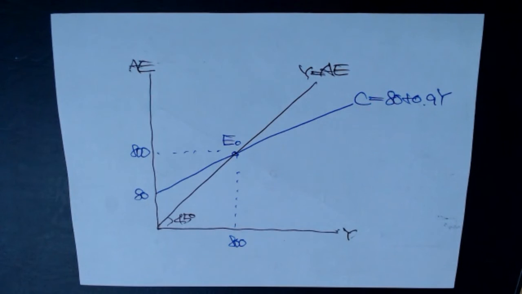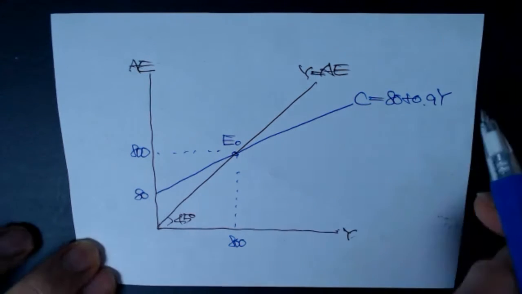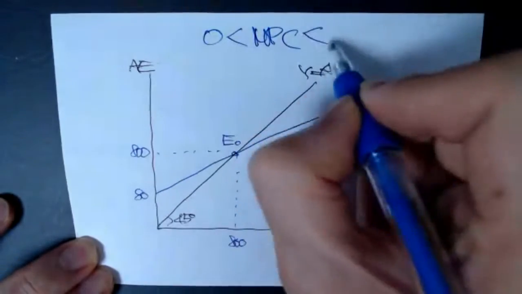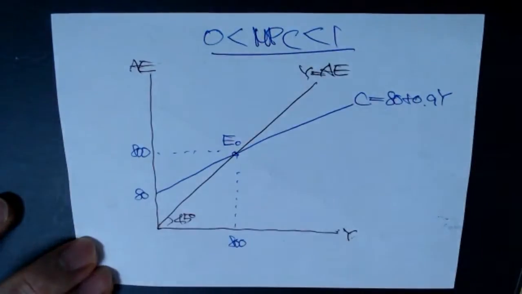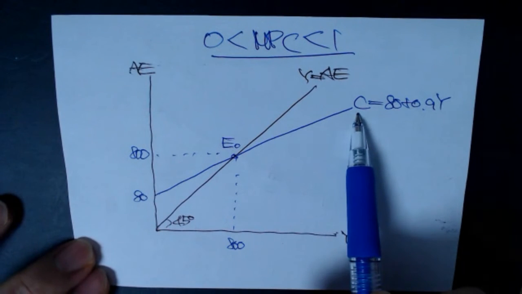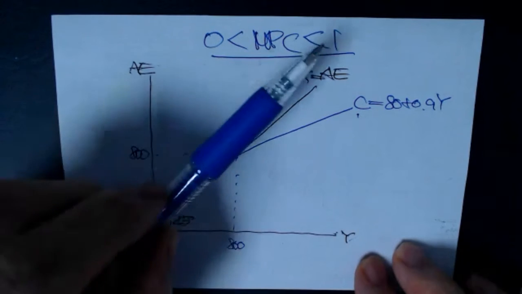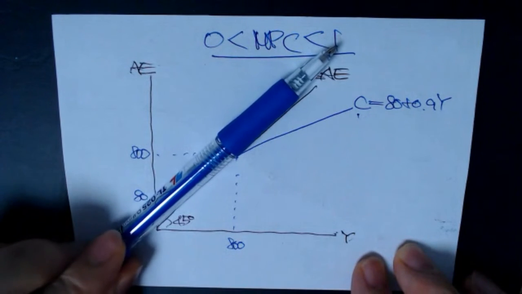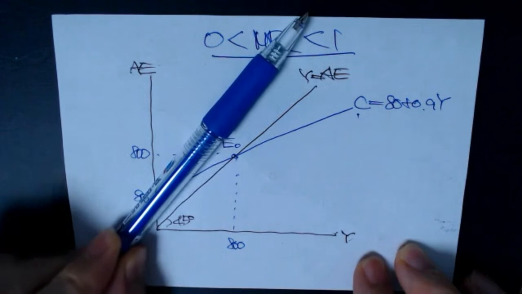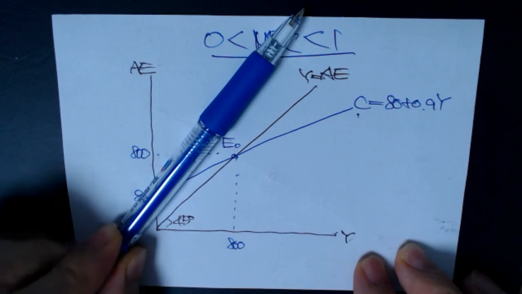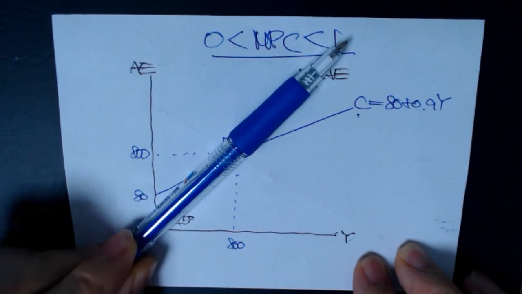As we talked before, we know that MPC is always between 0 and 1, which means that this consumption function can never be equal to the aggregate expenditure line, nor steeper than it. It is always flatter than the 45-degree line.